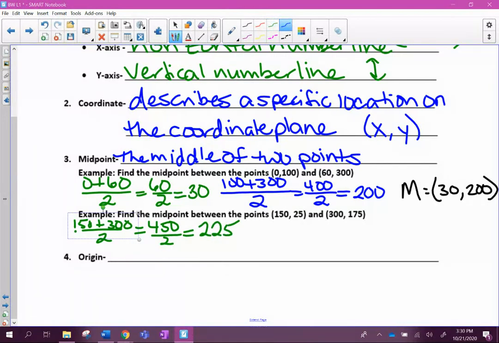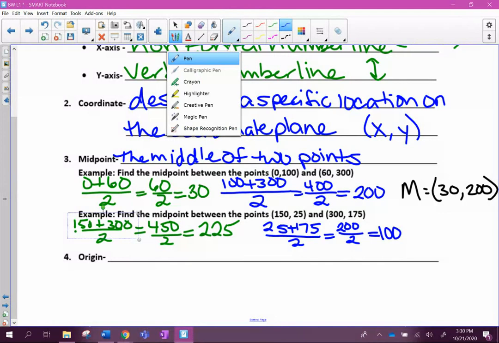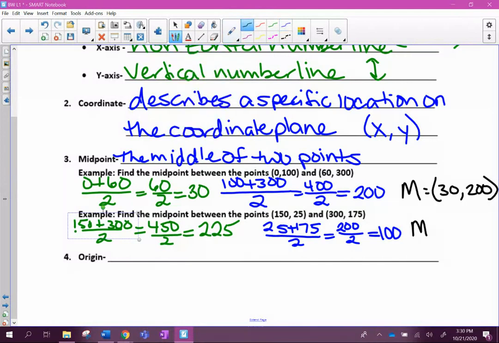Okay, so my next one, 25 plus 175 divided by 2 equals 200 divided by 2, which gives me 100. So my midpoint, capital M, is equal to 225, comma 100. Okay, so you just find the average of the x values and the average of the y values.